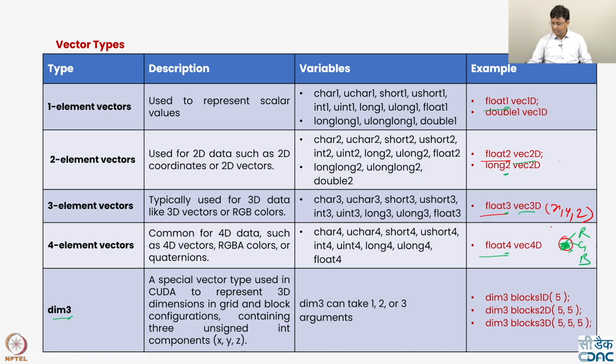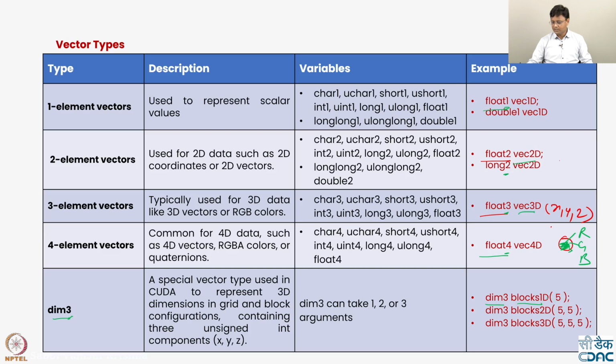So, here you can see that dim3 is a vector type, blocks1d is the name of the variable, and here I am declaring only one value. So, that means this variable can store only 5, one value, which is 5.